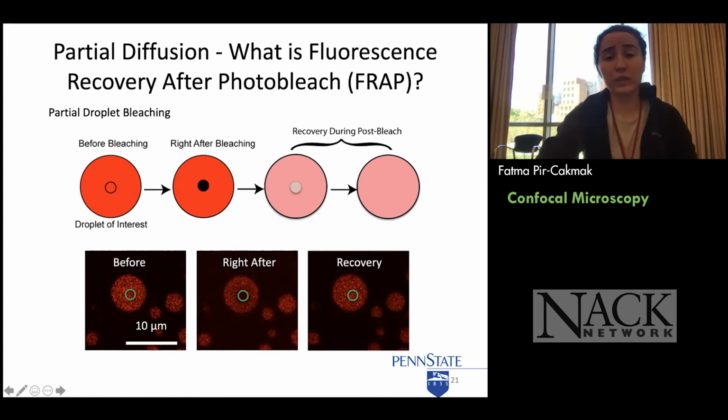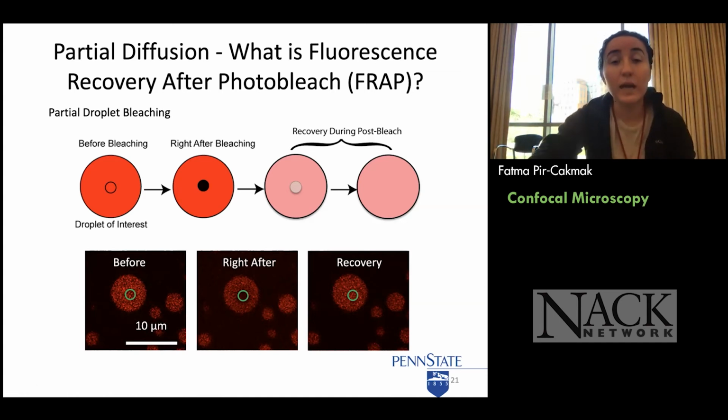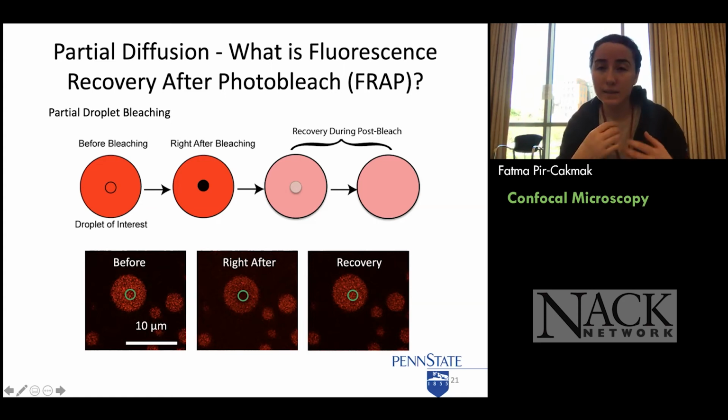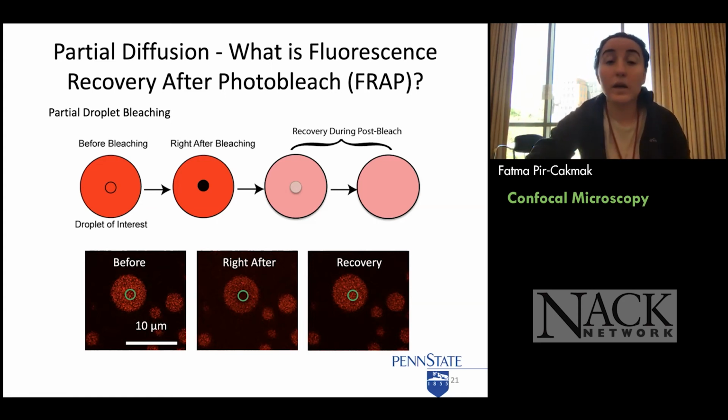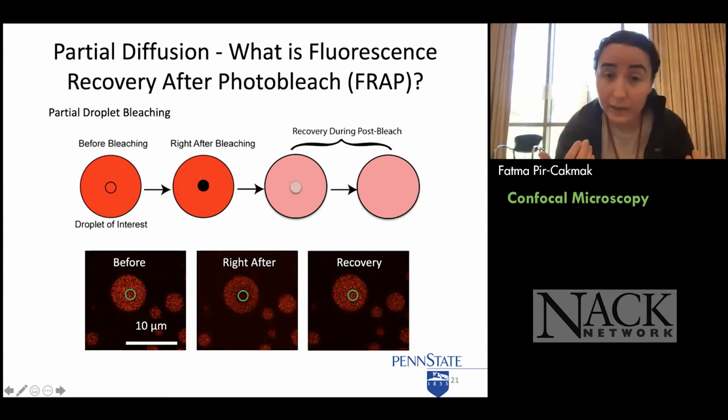And it looks like this. You choose a droplet of interest and bleach just a part of the droplet, and then you monitor the recovery. This gives you information about the diffusion of the biomolecules, because the bleached molecules are not coming back.